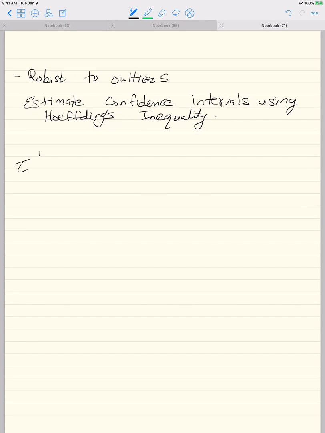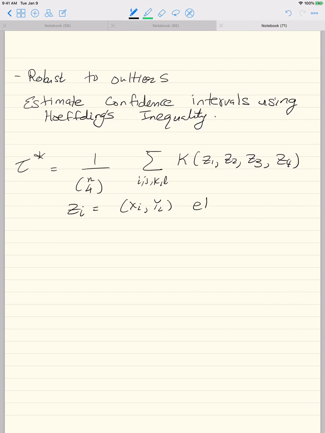So recall that tau star is 1 over n choose 4 times summation over i, j, k, l of some function of 4 independent samples. And k of z1 to z4 is sign of A of x1 to x4, A of y1 to y4.